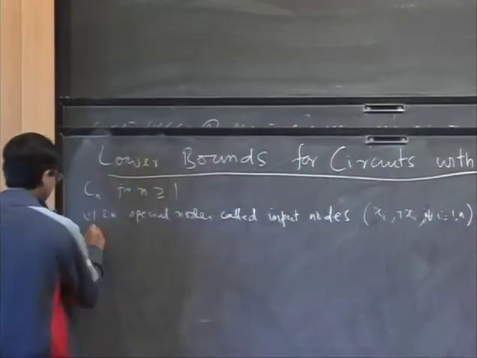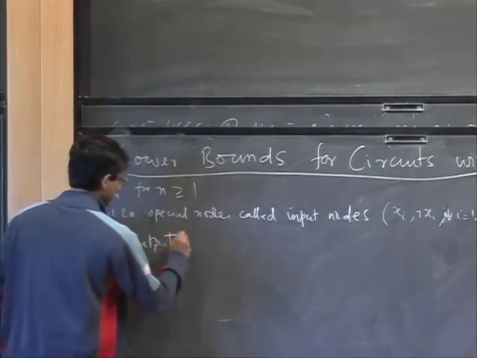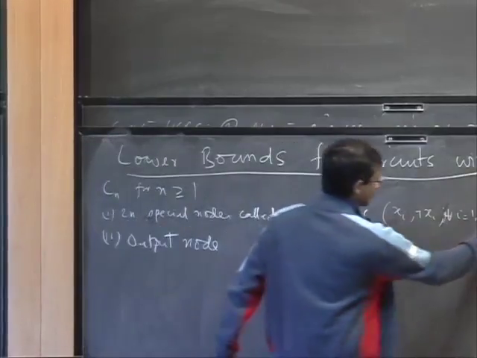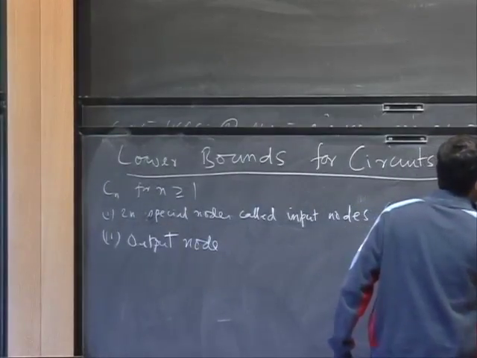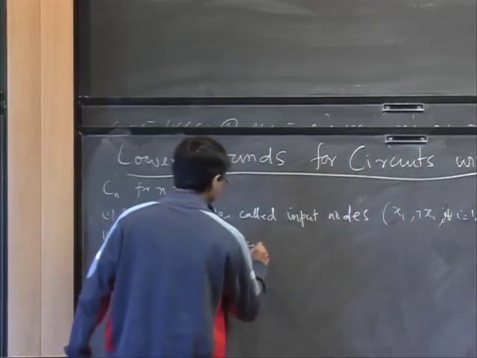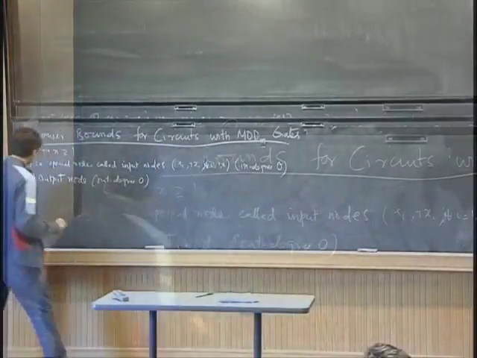These nodes have in-degree 0. And then there's a special output node with out-degree 0, which outputs the value of the circuit.